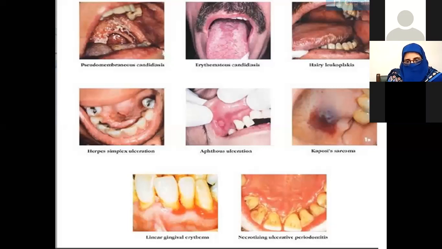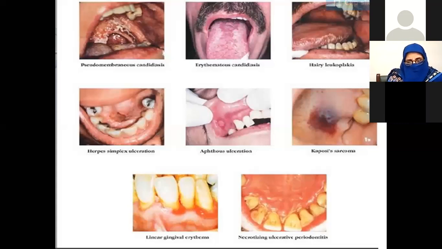Although mostly the diseases of the oral cavity are not very harmful and they are self-limited, they need to be known, because even some of these lesions like candidiasis, every one of us has heard of candidiasis, come in the differential diagnosis of malignant lesions. So it is very important to know the manifestations of the different systemic and local diseases in the oral cavity.